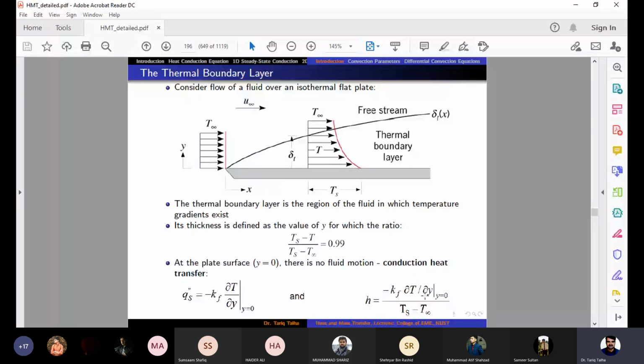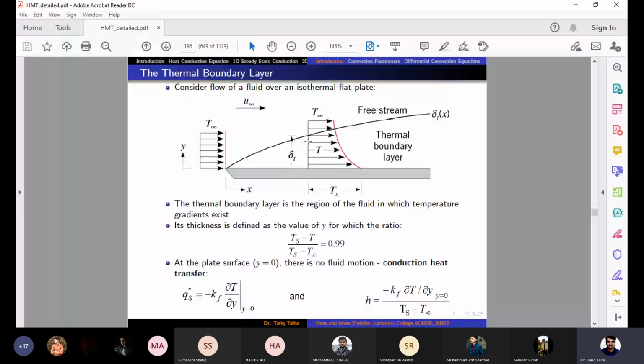But in order to solve the temperature equation, first of all we need to solve the velocity boundary layer equations, because first we get to know the velocity there, and only then can we calculate the temperature. I will tell you that in maybe 15 minutes' time, and we will do that derivation on the whiteboard. So just take it as this: in order to determine partial T by partial y at y equal to 0, we need to know the temperature.